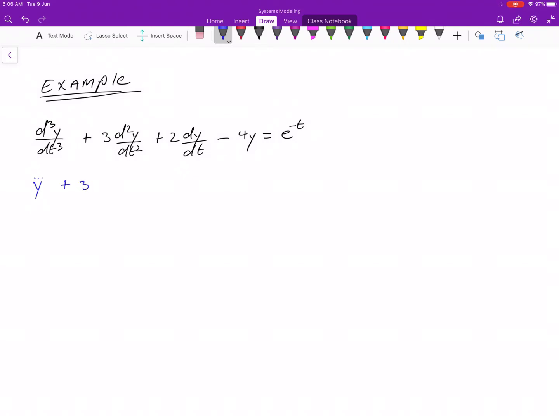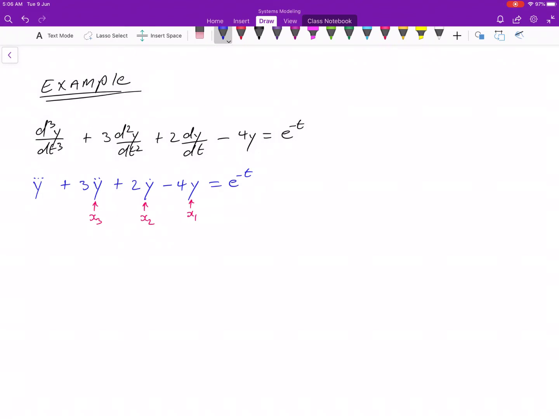So we have y dot dot dot plus 3y dot dot plus 2y dot minus 4y is equal to e to the minus t. Now we need to change variables, and as we can see, we start from here. Let this be x1, let this be x2, let this be x3.